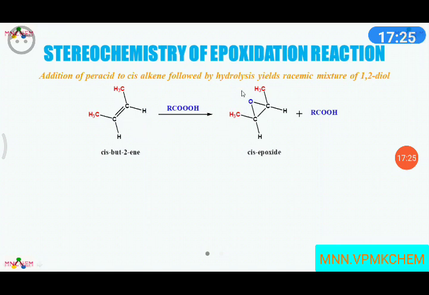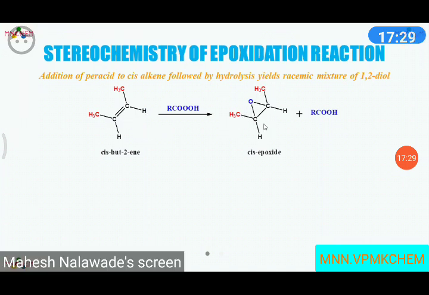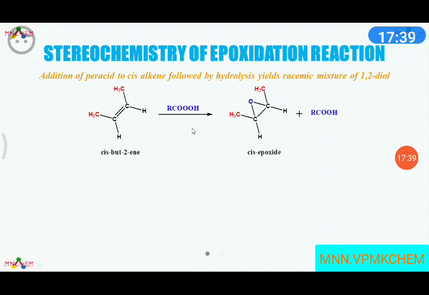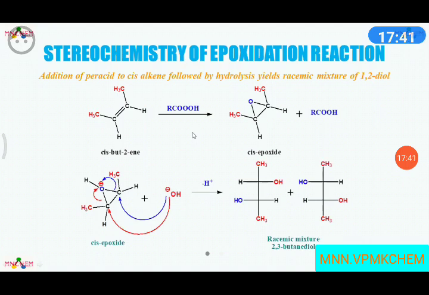Here you can see the methyls are on the same side. So the epoxide is forming on one side. In the next step, the acid hydrolysis of epoxide takes place.